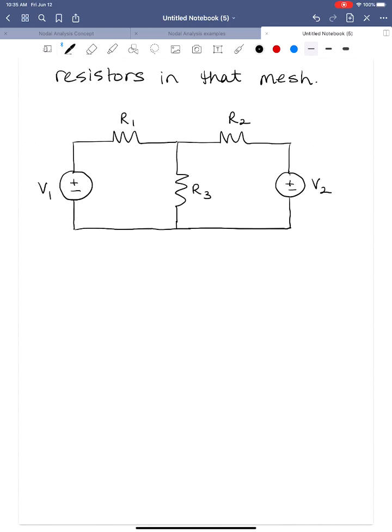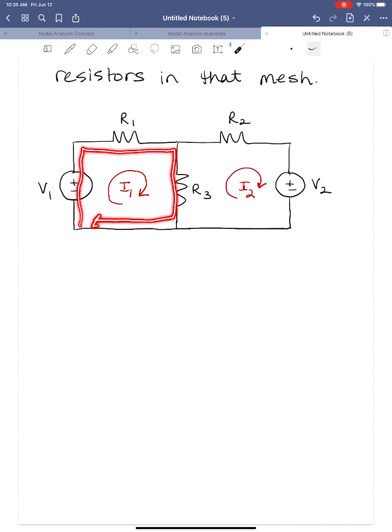Okay, so remember, our first step is to label mesh current variables and give them a loop direction. So here's the first one. I'm going to call this one I1. Here's the second one. I'm going to call this mesh current I2. So what this means, and this can be a little confusing at first because we usually don't talk about currents flowing in a loop, is that this mesh current I1 flows through every single one of these elements in this mesh, all right?